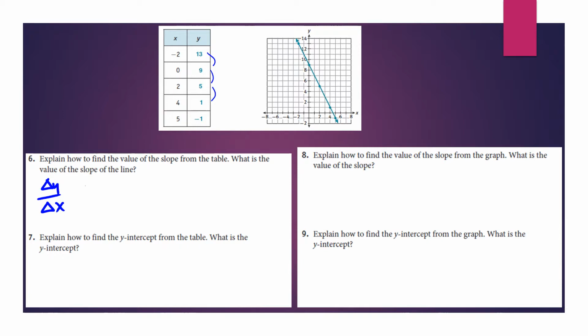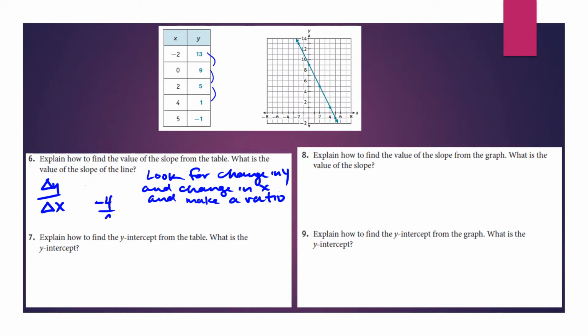So you'd look for change in y and change in x and make a ratio or a fraction. So we found out y is changing -4 when x is changing 2. So the slope of this line would be -2. -4 divided by 2 is -2.